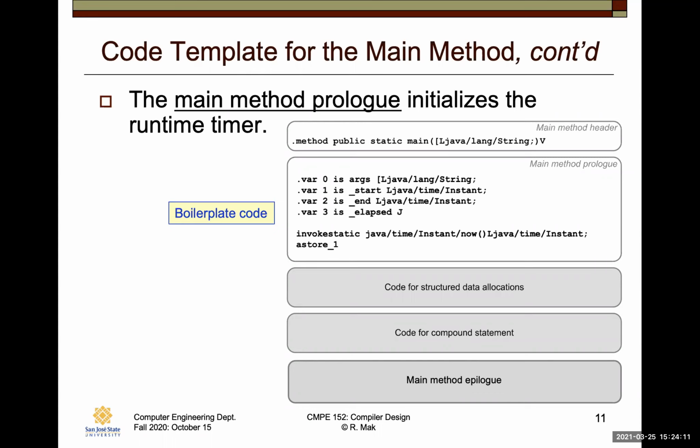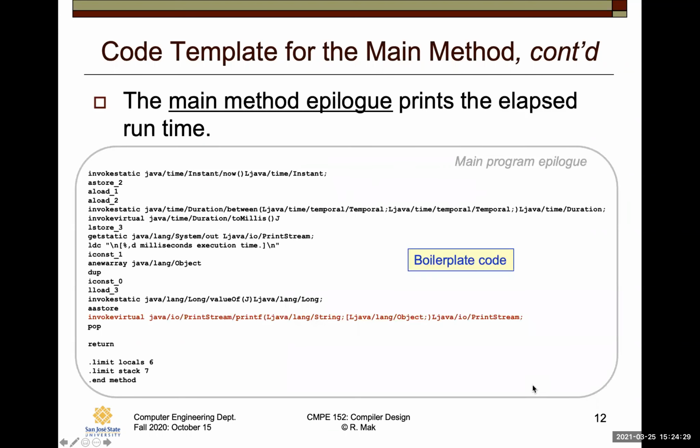This is like back in the syntax diagrams where one diagram would refer to another. Here, the same thing is happening. All right, epilogue. Let's see what's down here. More boilerplate code, and basically it's to calculate the elapsed runtime.